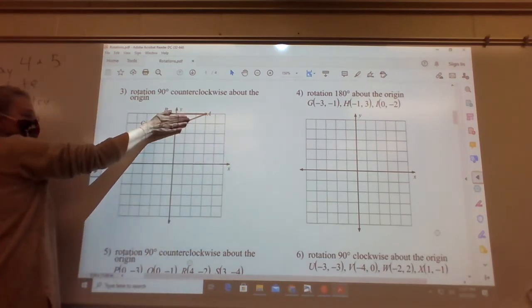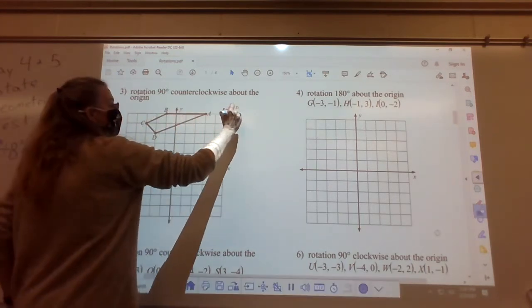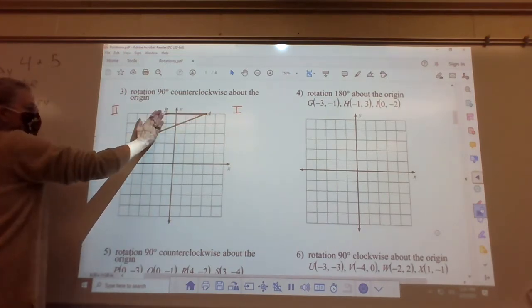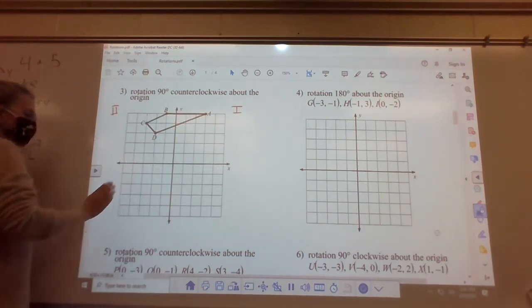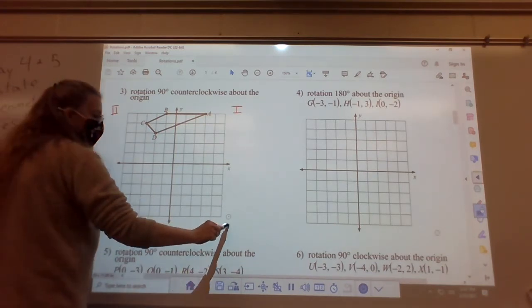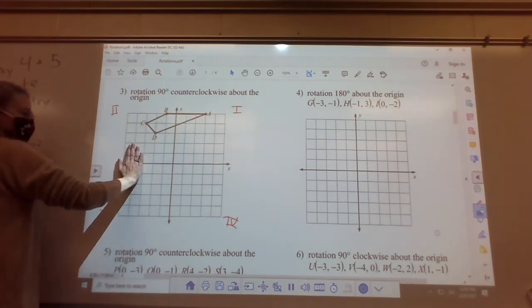I was up here. When I go 90 degrees, what was here, kind of straddling 1 and 2, is going to spin down here and kind of straddle 2 and 3. So here, spinning to here.